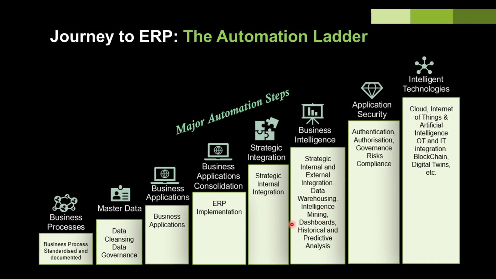So you can have as outcomes things like dashboards of key performance indicators. You can also do some predictive analysis. You can also do some historical analysis. You can do all sorts of things once you have been able to pull those data into the data warehouse at this business intelligence step.